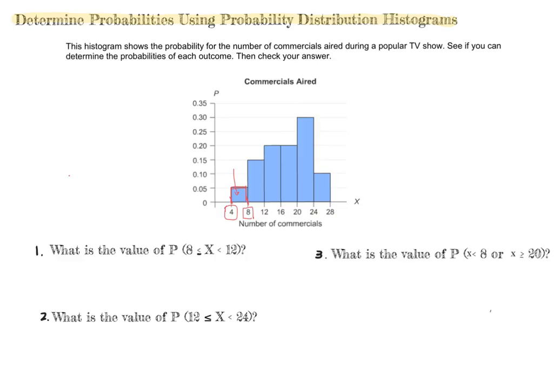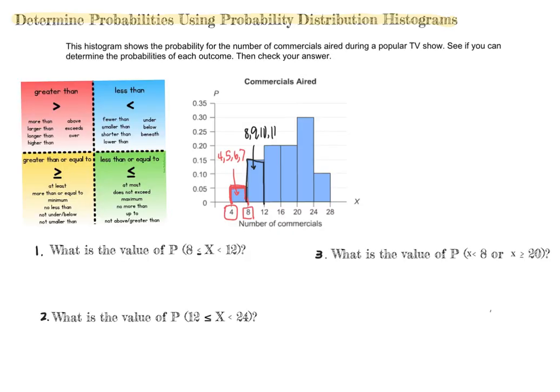So for example, the numbers in this particular bar would include 4, 5, 6, and 7. 8 would be included in the next range. So this bar would be 8, 9, 10, 11, and so forth.